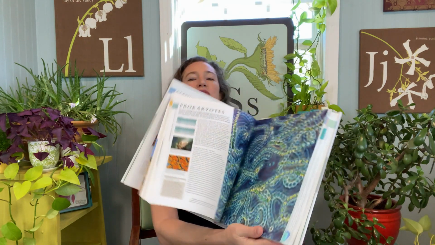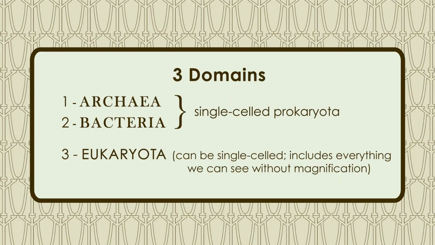Here is a page. It is page 90, if you want to find it in your book. And it's about prokaryotes. So pro just means before. There are two domains in the prokaryotes. They are Archaea, which you may or may not have heard about, and bacteria, which I'm sure you have heard about. So bacteria is not a kingdom.